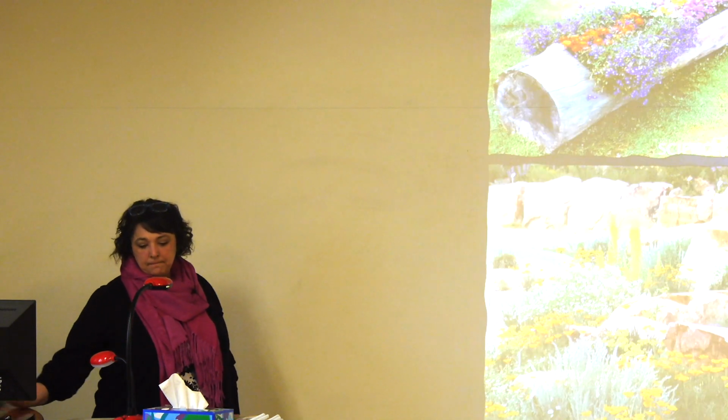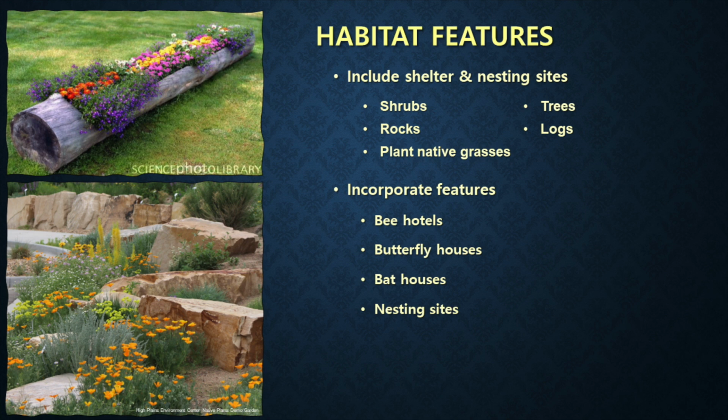Okay? All right. Habitat features. Here we go. When you're thinking about it, you need to include shelter and nesting sites, and that can be anything from shrubs, rocks, trees, logs, native grasses, any of these types of things. Okay?